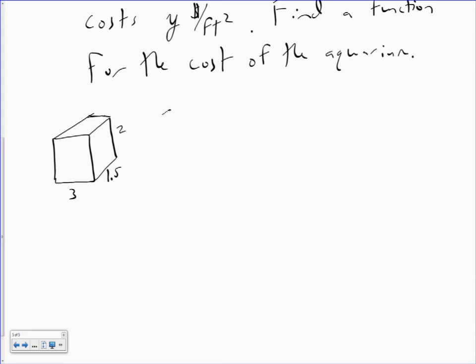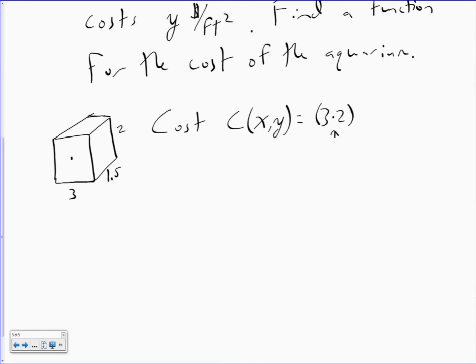Let's figure out what our cost is going to be. I'm going to call it C of XY. And let's go face by face. We've got this front face right here. The dimensions of that front face are 3 by 2, so 3 times 2.